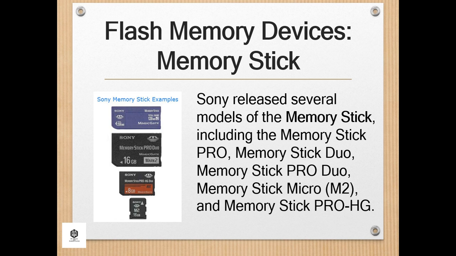The Memory Stick Duo, Memory Stick Pro Duo, and Memory Stick Pro HD Duo have physical dimensions of 31 mm by 20 mm by 1.6 mm. The Memory Stick Micro M2 has physical dimensions of 15 mm by 12.5 mm by 1.2 mm.